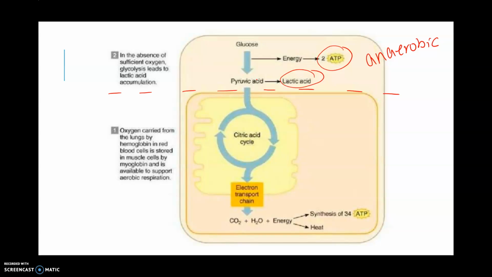But if we have enough oxygen coming, we're going to continue and do this citric acid cycle here. So this would be aerobic respiration. And we're going to see the synthesis of much more ATP and that heat, which, remember, one of our main functions of the muscular system is creating that heat to maintain our stable body temperature.